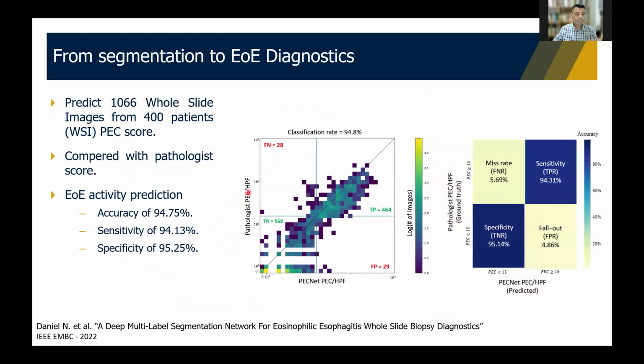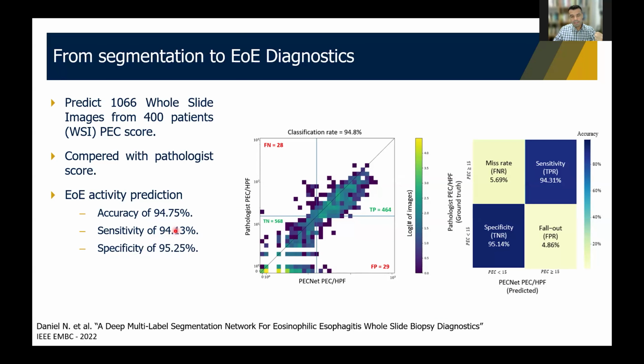If we use this pipeline, the PECNet pipeline, to classify patients according, again, to the gold standard of whether the patient has more than 15 eosinophils per high power field or less, we can see that we get an accuracy of almost 95% and sensitivity and specificity of also 95%. These are all different metrics that tell you how good the machine is.